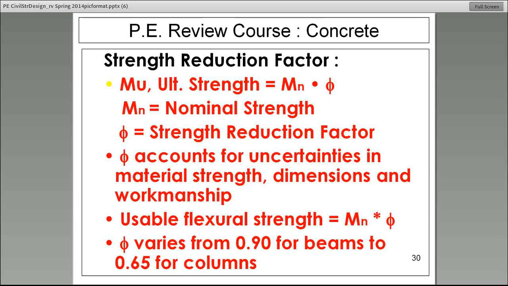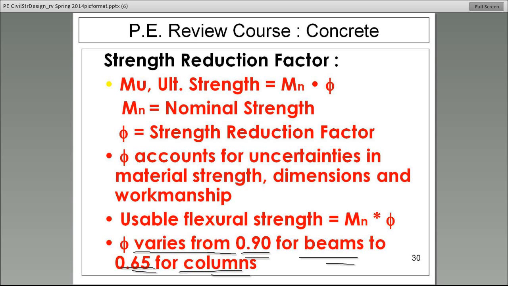Now, this slide shows some of the things that I just described to you. However, what I need to bring to your attention is the very bottom line. It says phi varies from 0.9 for beams to 0.65 for columns.